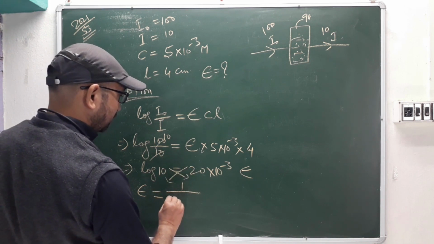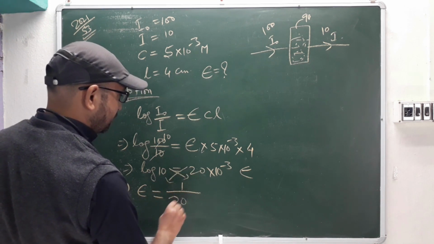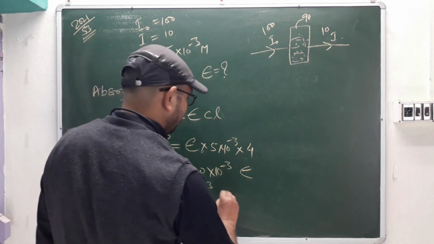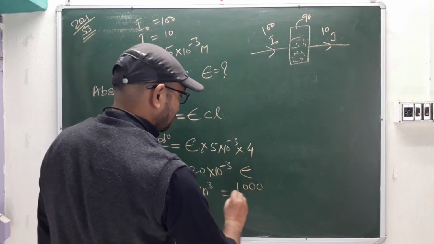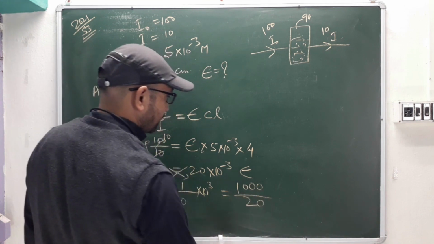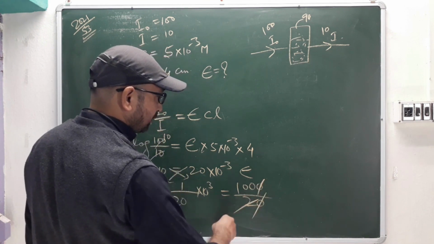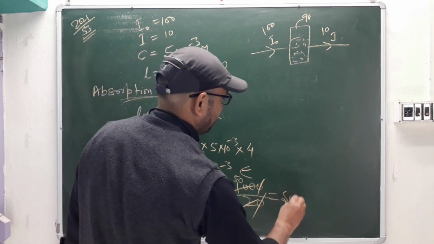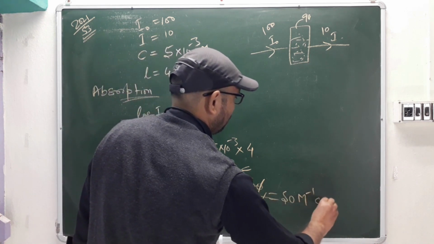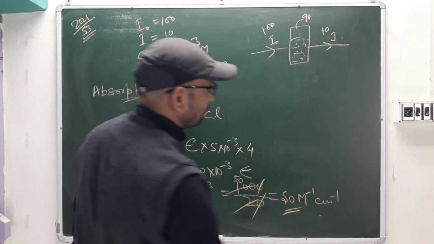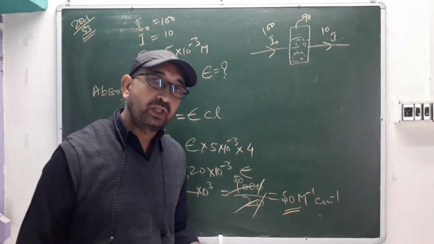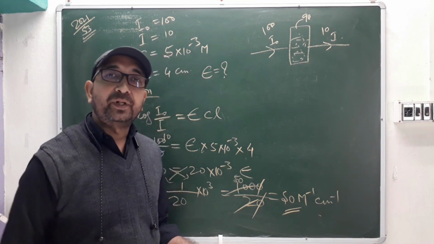So how much will come? 20, and this will be 10 to the power 3. So directly we can write 1000 divided by 20. It will get cancelled, 2 into 50. So how much are we getting? 50 per mole per centimeter. So your answer will be 50. For this NAT type question, your answer will be 50.